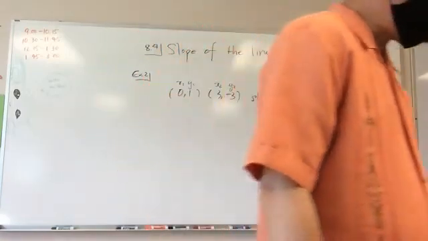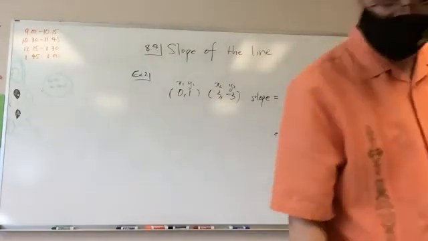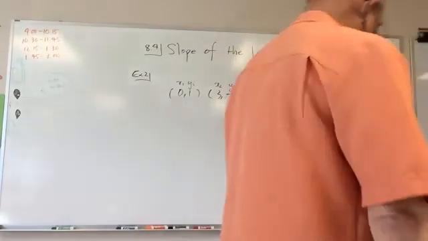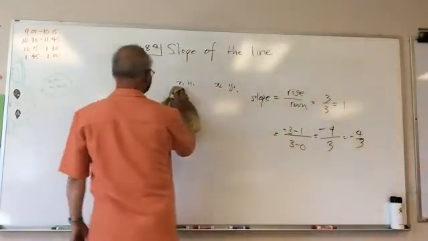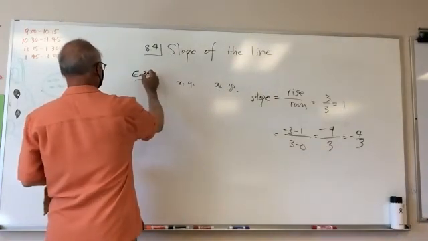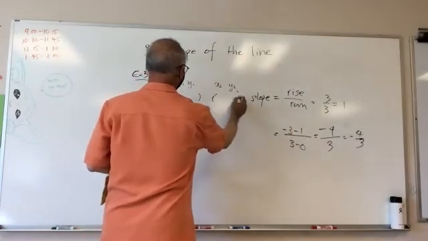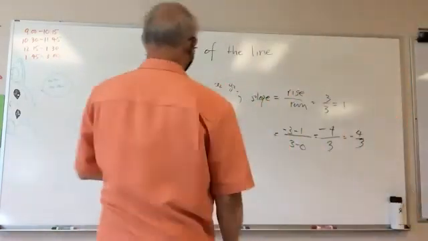Flip the page, example number 3. Find the slope of 3a. What are my 2 points? 1, 3, 4, 3.